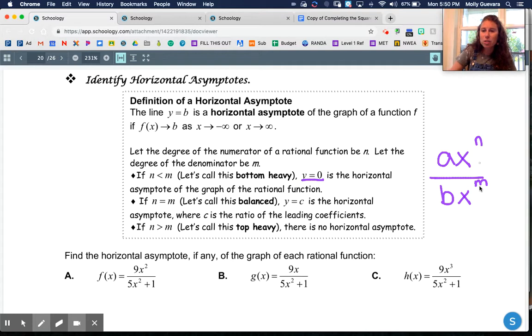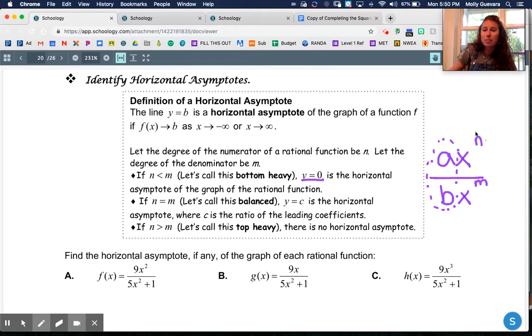If these two are equal, then it's balanced. And what you do is you take A over B. And that's where your asymptote's located at, whatever that A over B is. If this is 6 and this is 2, then your asymptote is located at y equals 3, right? Because 6 over 2 is 3.